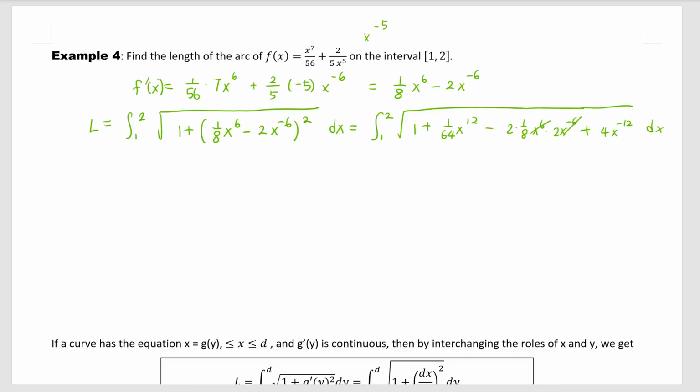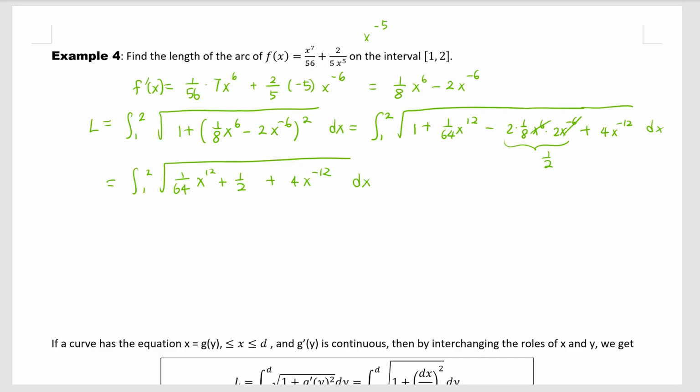Well, this guy cancels, 2, 8, we get 1/2. See? Magical 1/2. 1 minus 1/2 is 1/2. So this is 1 over 64, x to the 12 plus 1/2, and plus 4 x to the minus 12.